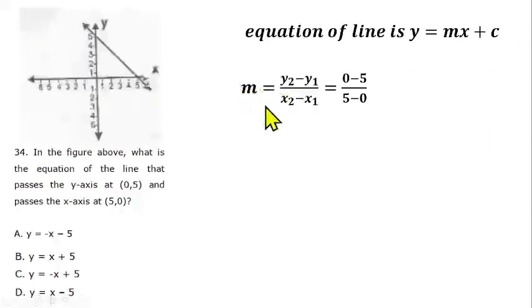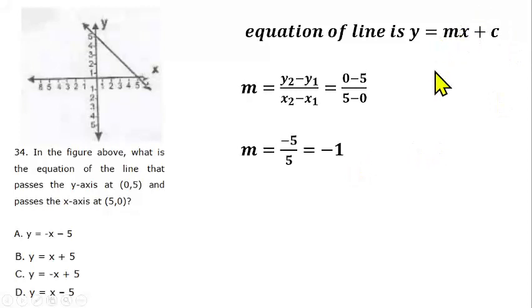So we can find the gradient of the line using y2 minus y1 over x2 minus x1, change in y over change in x. In this case our y2 is 0, our y1 is 5, so we have 0 minus 5 over x2 which is 5, x1 which is 0. So that gives us minus 5 over 5, that gives us minus 1.